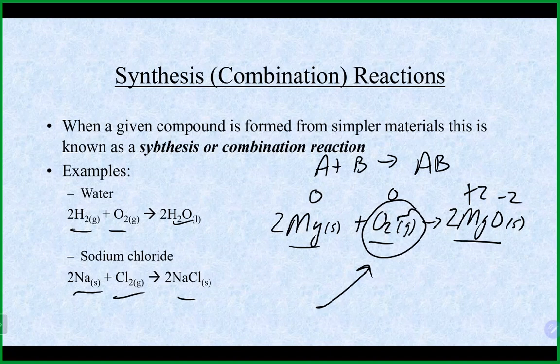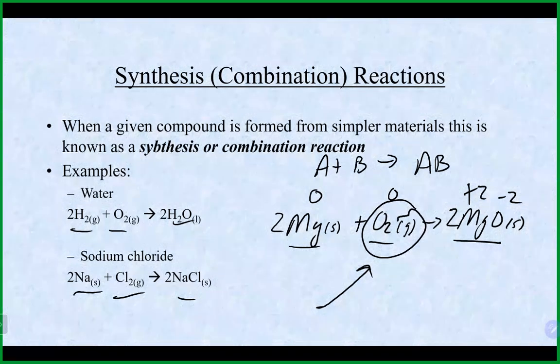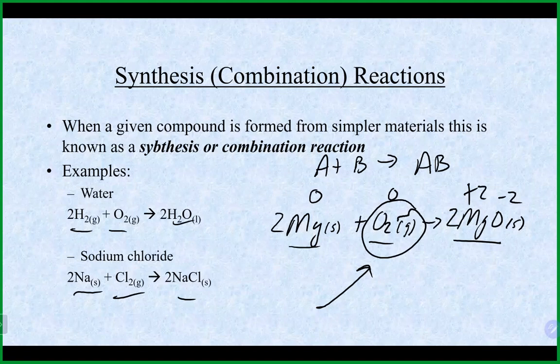So you could classify the same reaction in a few different ways depending on what you're looking at. Most people would probably call this a synthesis or combination reaction, but you could classify it as the other two.